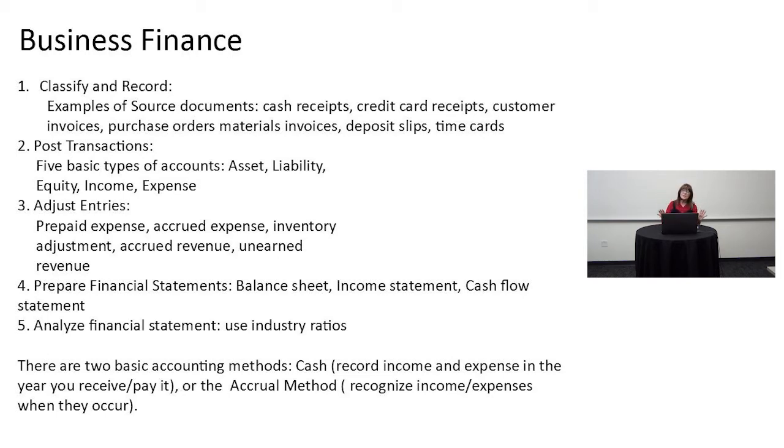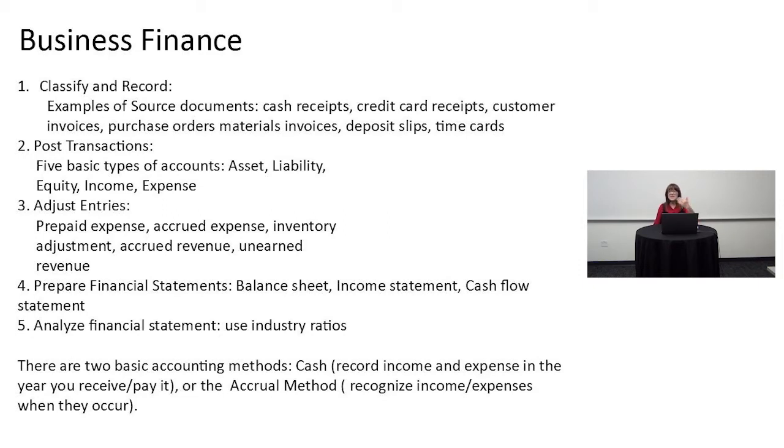In your bookkeeping system, there's an asset column, that's what you own. There's a liability column, that's what you owe. There's a column for equity. Equity refers to the owner's investment, your money that is in the company.